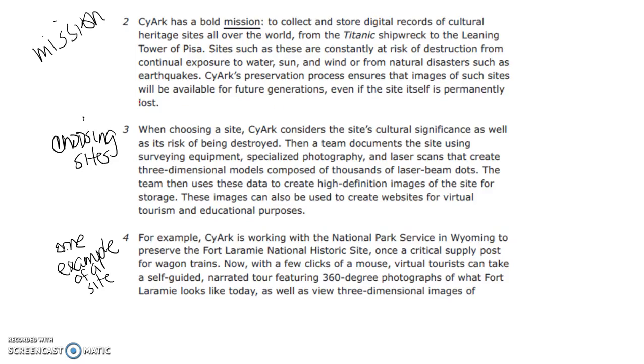And remember his choosing their sites, where it talked about this, and you should still have it in line from earlier, where it says they're looking for things that are at risk of being destroyed and cultural significance. So they're trying to save things on camera, so it mentions that that's what they're trying to do. Then down here it continues to tell you that.